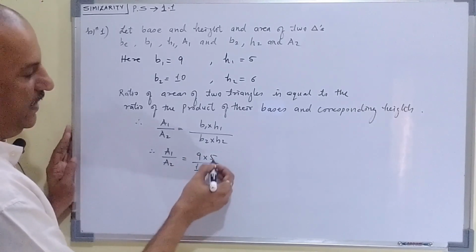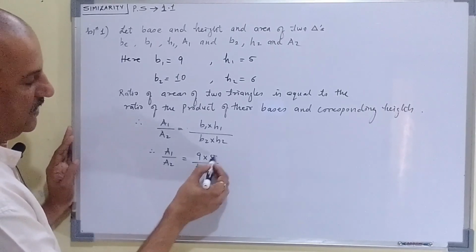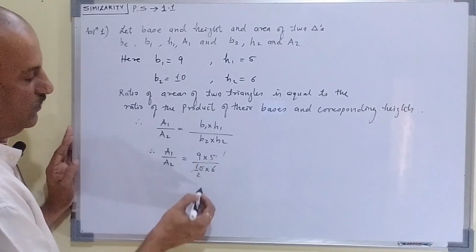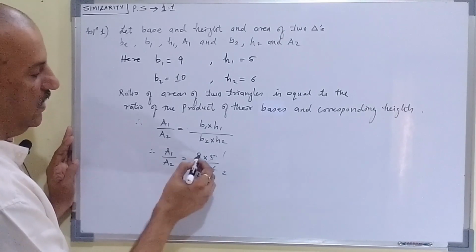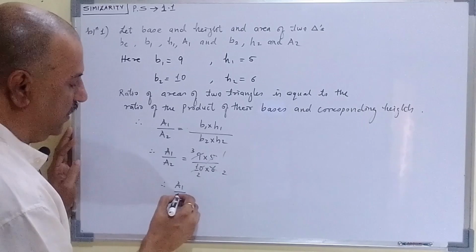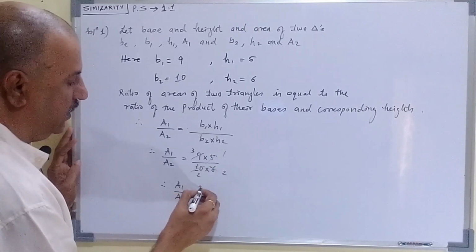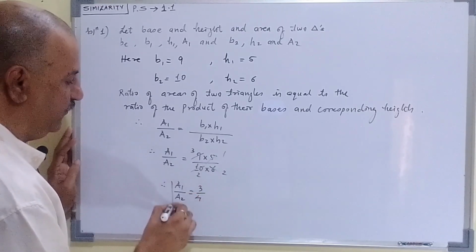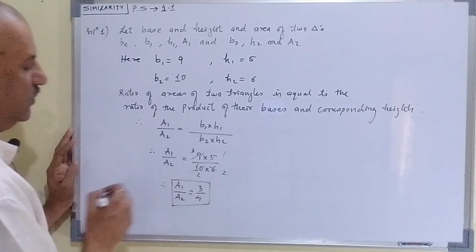So divide, we get how much? 5 ones are 5, 5 twos are 10, 3 threes are 9. So A1 upon A2 is 3 upon 4. So this is the answer.